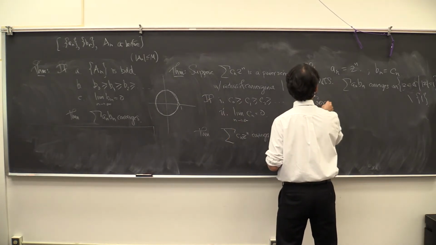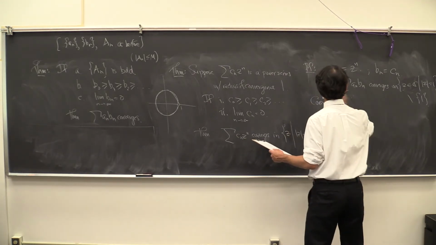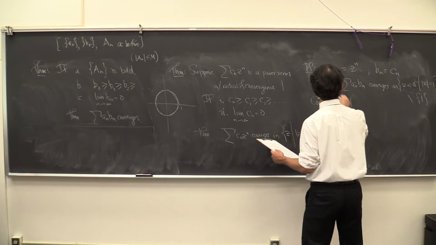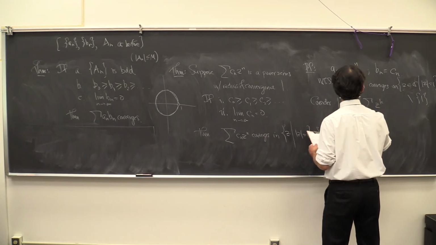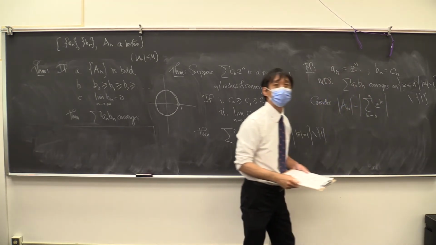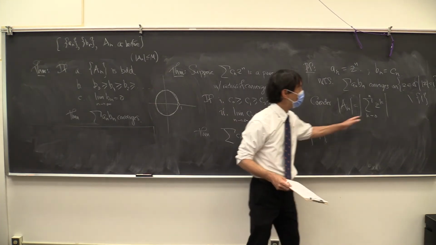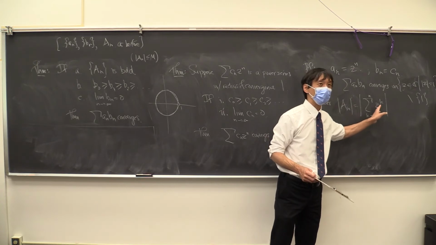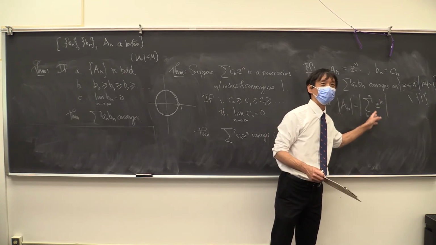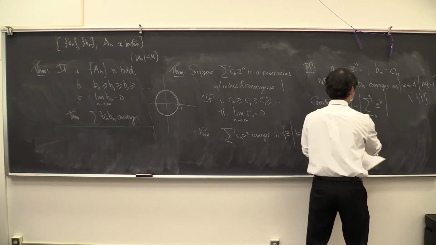So consider the partial sums, A sub n, which is the sum of the z to the k from k equals 0 to n. Do we know anything about this? Yes, this is the partial sum of the geometric series that we saw a day or two ago. We have a formula for this. We worked it out.